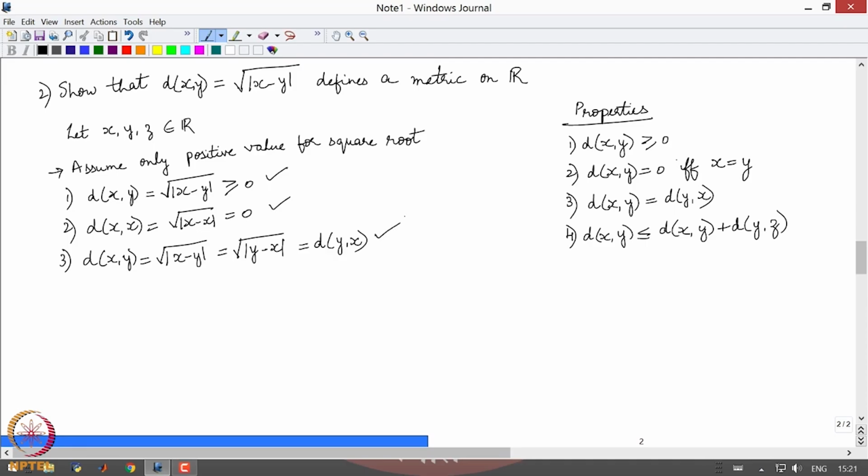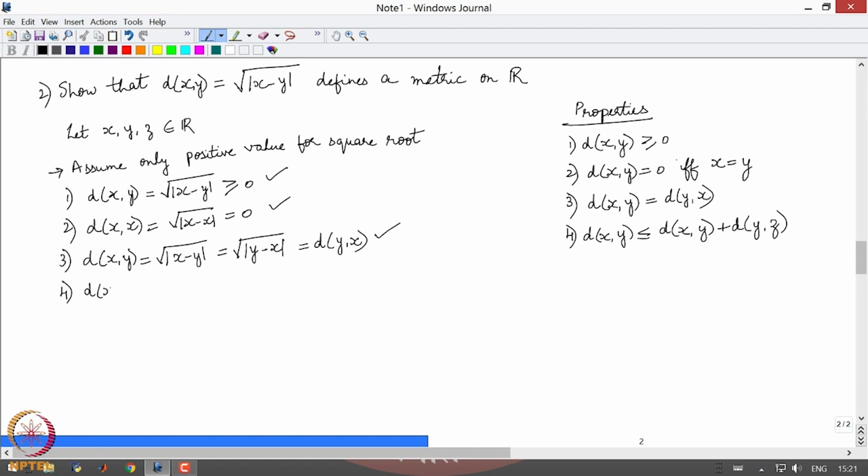Now, the fourth one is a bit tricky, so we will try to concentrate on that. We will follow a very similar approach to the one we used to prove the triangle inequality.